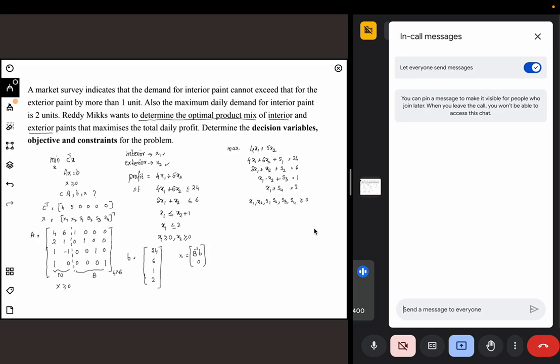B inverse is basically the identity matrix, and if I multiply that identity matrix with this quantity b, it will give me the same value b, and all the values here are positive, which means this is a basic feasible solution.